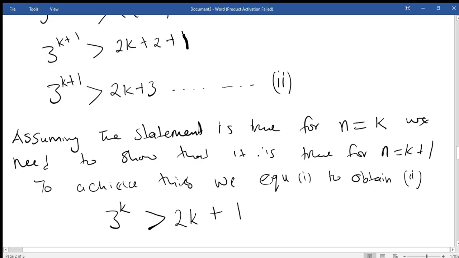So equation 2, first it is 3 power k plus 1. So we manipulate the left hand side so that we can also have power k plus 1. This can only happen if you multiply both sides by 3, the same base.